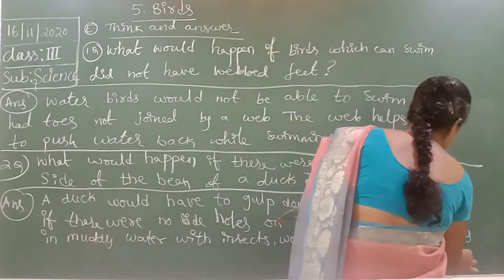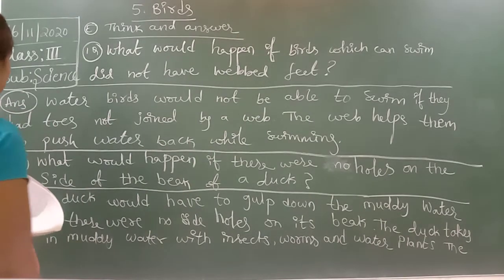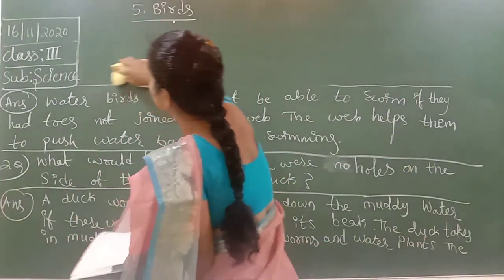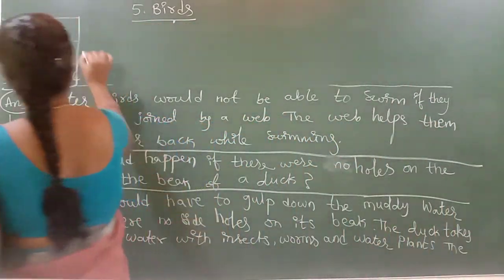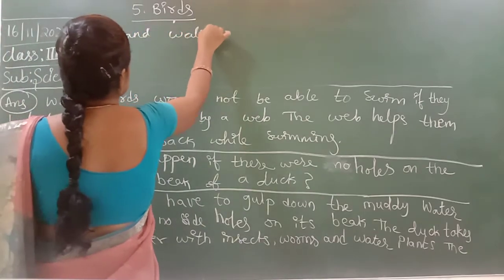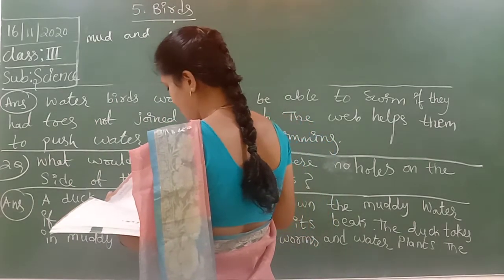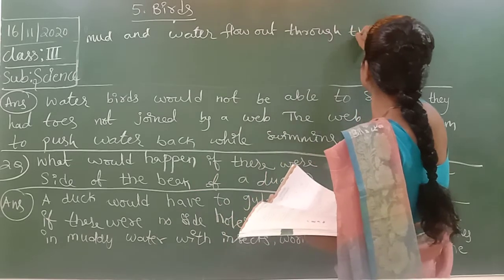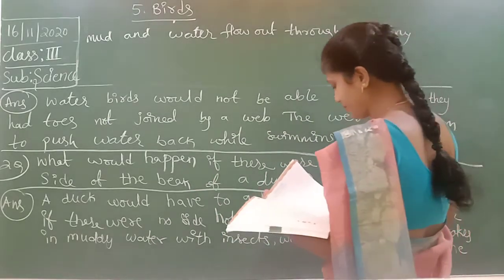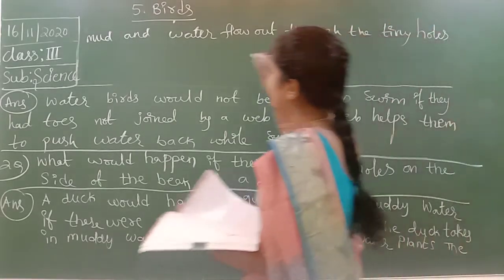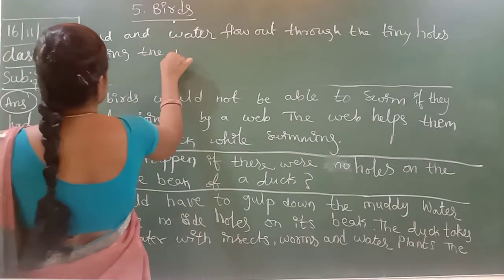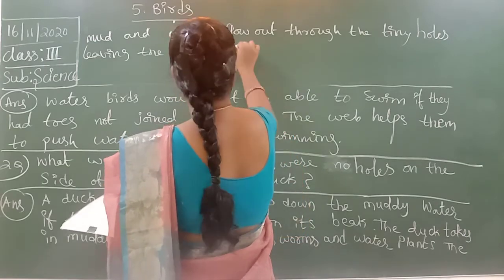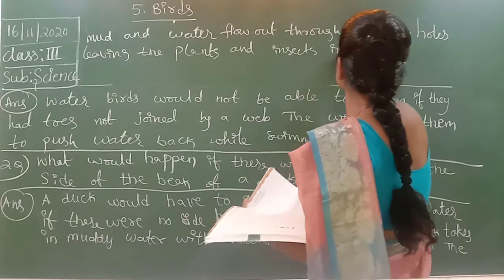The mud and water flow out through the tiny holes, leaving the plants and insects inside the beak.